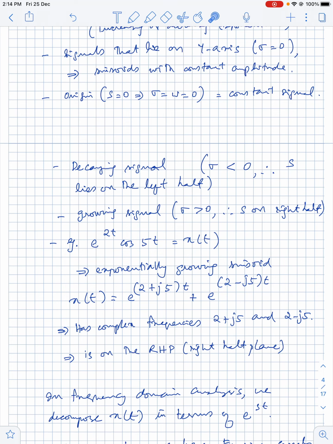So essentially this signal has complex frequencies 2 plus j5 and 2 minus j5. So these are the two s's which make up this x of t.